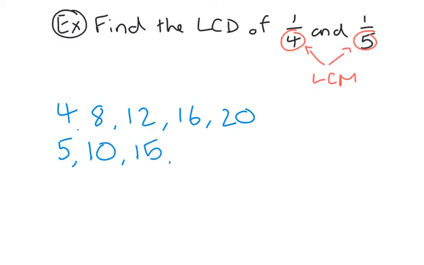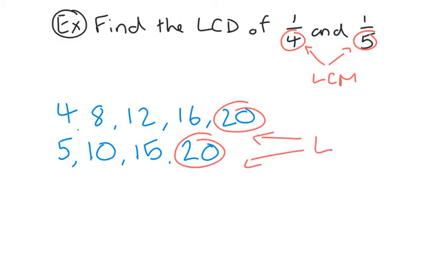And 15 plus 5 is 20. Now you can see that there's a common number between these two sets of numbers, and that number is 20. So 20 is actually the lowest common multiple of 4 and 5.